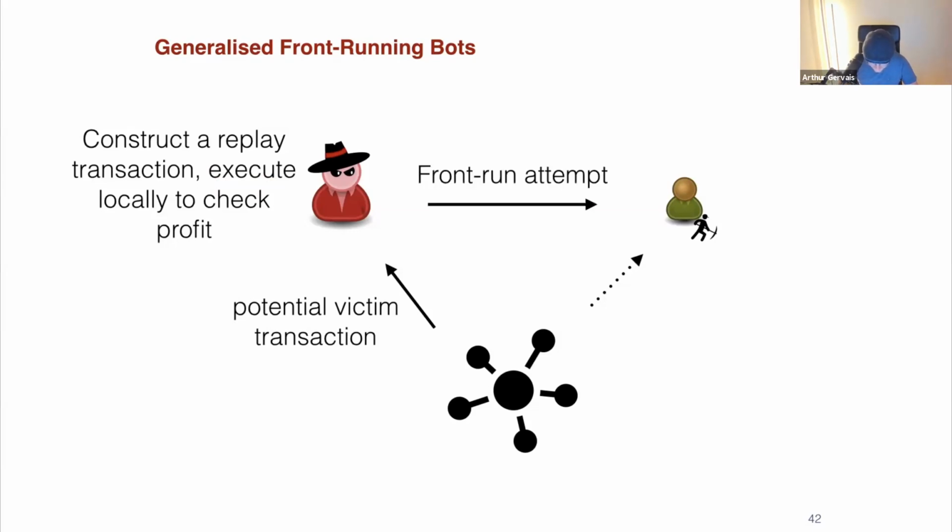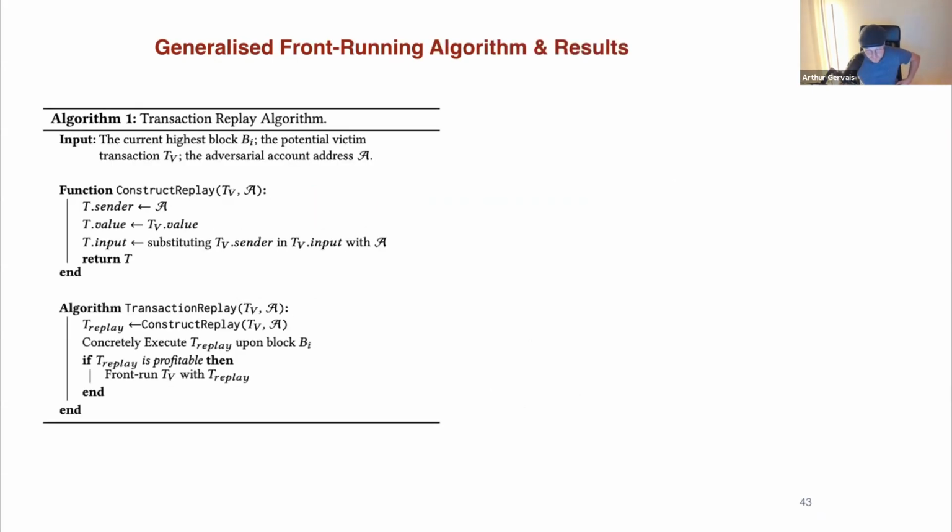Then the adversary can perform a front running attempt to front run this particular victim transaction by sending the transaction faster to the miners, or paying a higher gas price to get prioritized. In one of our papers, we proposed such an algorithm.